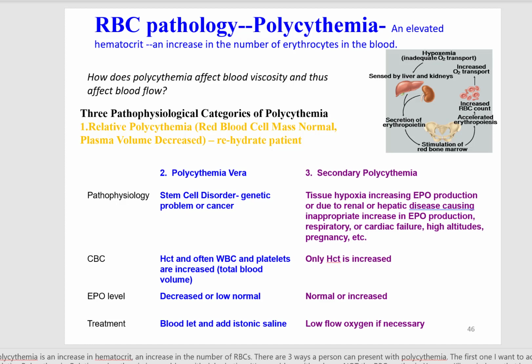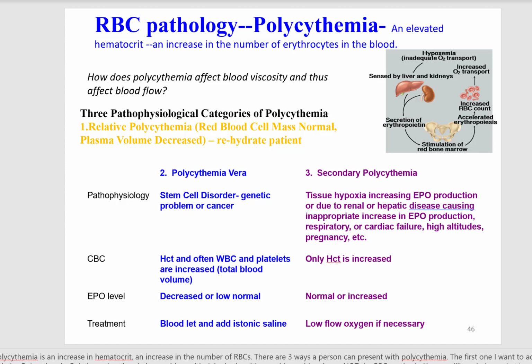How would that affect blood flow? Blood flow is a volume per time. So if a blood sample is more viscous, thicker, it might seep through the vasculature much like molasses.